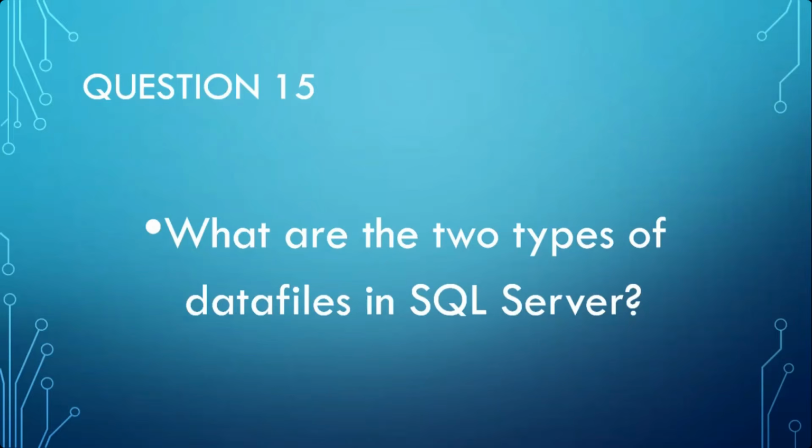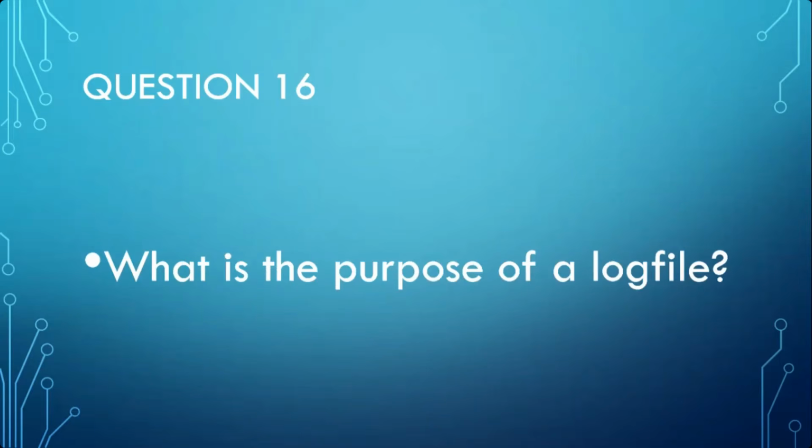What is the purpose of log file? We have seen it is to log information about the changes that happen to the database, like insert, update and delete, and also certain DDL changes like altering a table schema, dropping a table, etc.